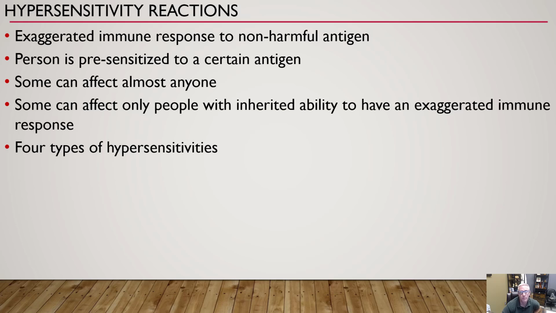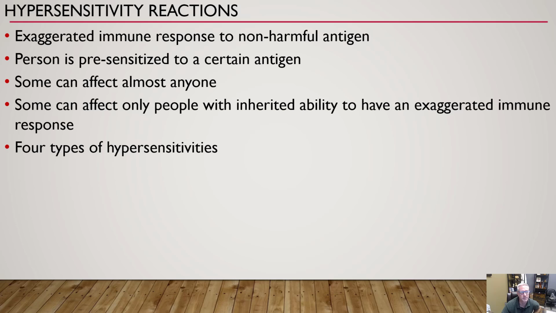Typically, they can affect almost anyone, but certain people are, it's like when you say, I'm allergic to whatever. That's kind of what we're talking about here. And we have four different types of hypersensitivity reactions.